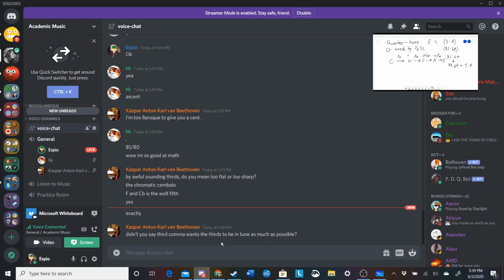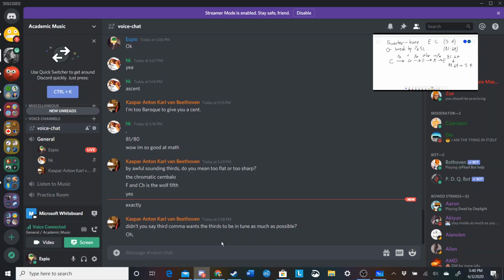Third comma wants the thirds to be in tune as much as possible. It wants the minor thirds to be in tune as much as possible. But of course, the minor third is not as important as the major third overall. So you usually want to use quarter comma mean tone. Yeah, that's kind of the idea. And it doesn't tune up every minor third.